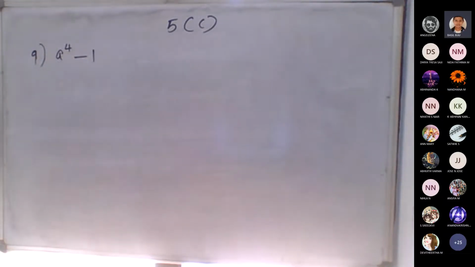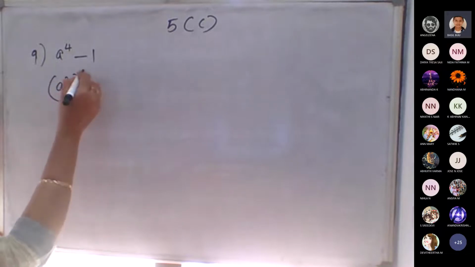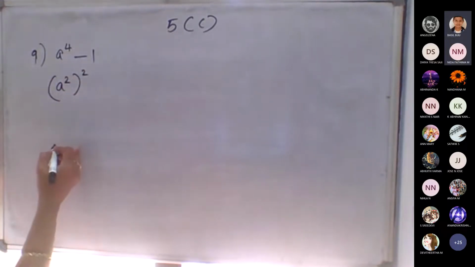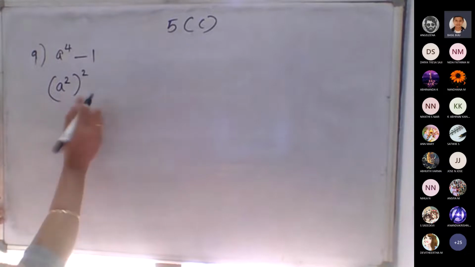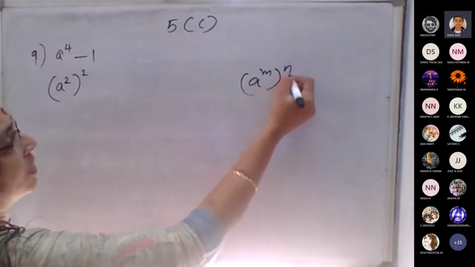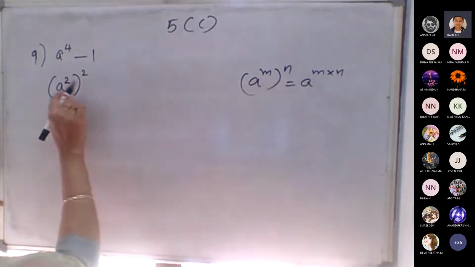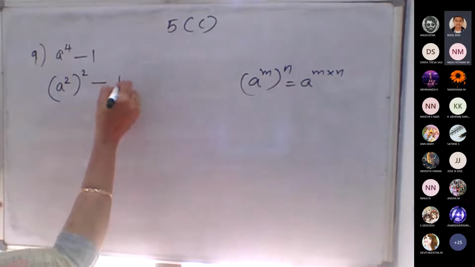So what we have to do with this? A raised to 4 can be written as a square into a square, the whole square. Exponents we studied: a raised to m, the whole raised to n, is equal to a raised to m into n. So a square whole square minus 1 square.